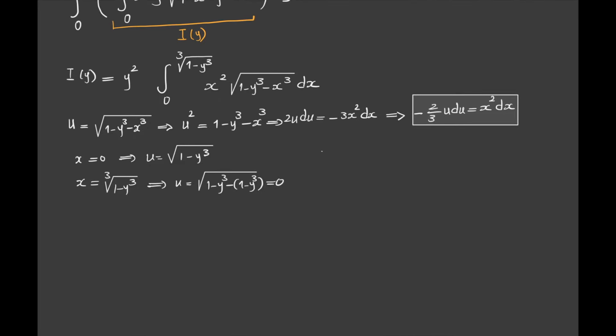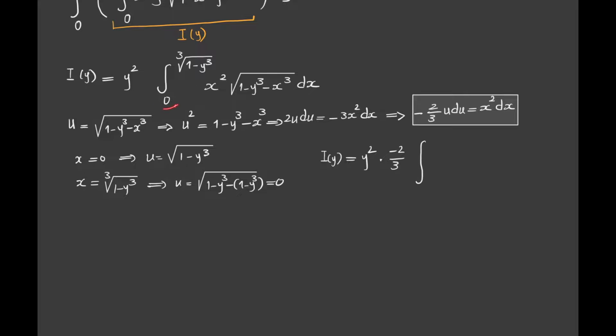This means that y is equal to, here I have y squared, so let me write it, and then x squared dx is this expression, but minus 2 over 3 is a constant, so I can pull it out and put it here. So this is minus 2 over 3, and then the integral.